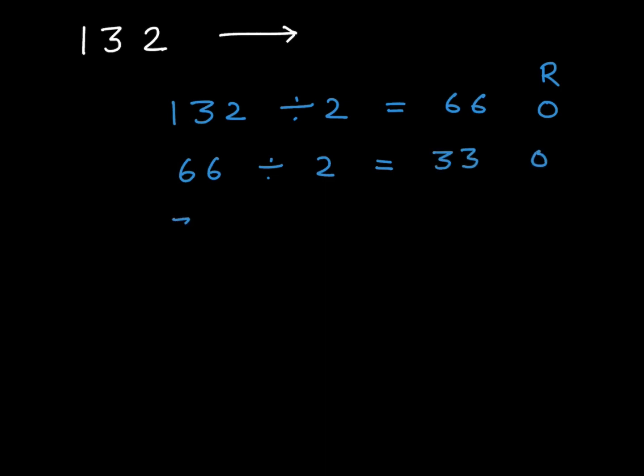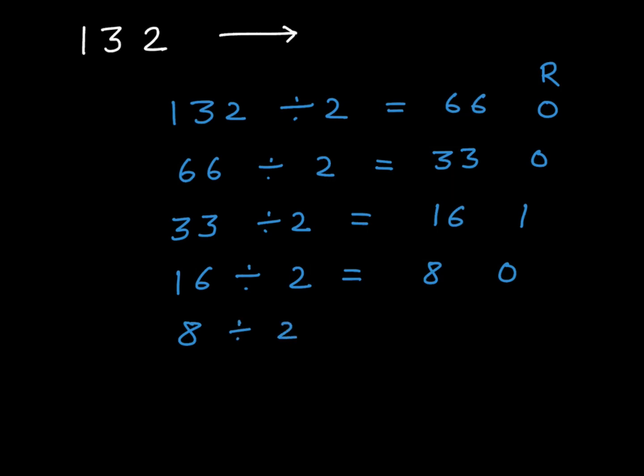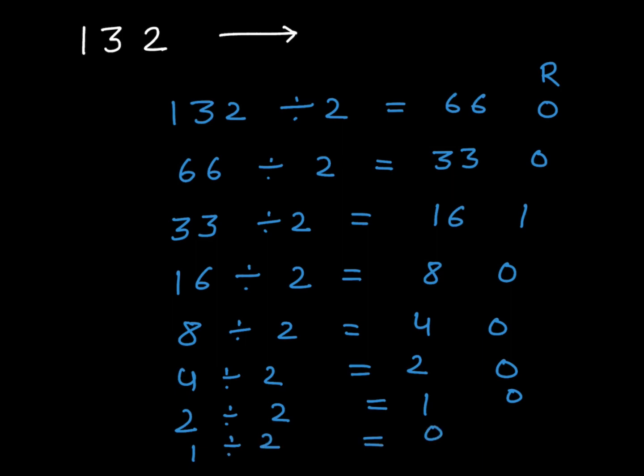Now we divide 33 by 2, so we have 16.5, so 16 with remainder 1. Now we divide 16 by 2 and have 8 with remainder 0. 8 divided by 2 is 4 with remainder 0. 4 divided by 2 is 2 with remainder 0. And 2 divided by 2 is 1 with remainder 0. And 1 divided by 2 is 0 with remainder 1.